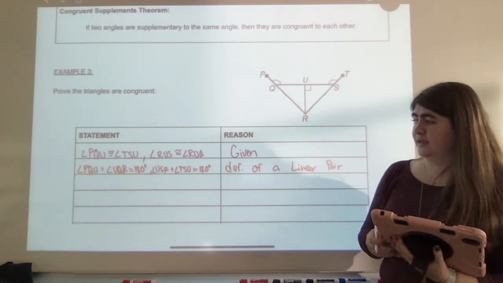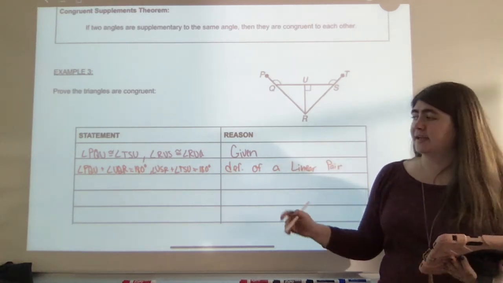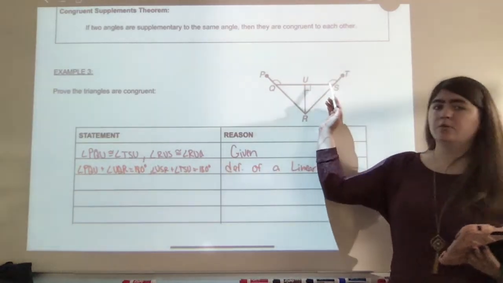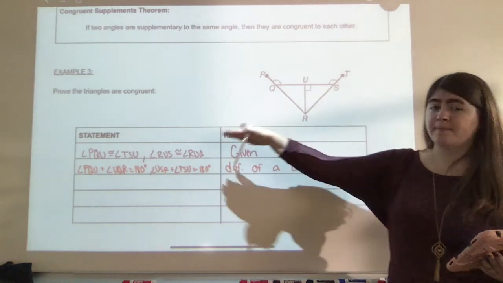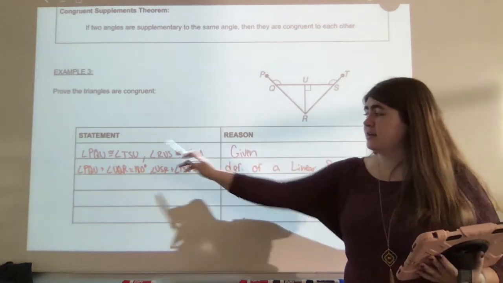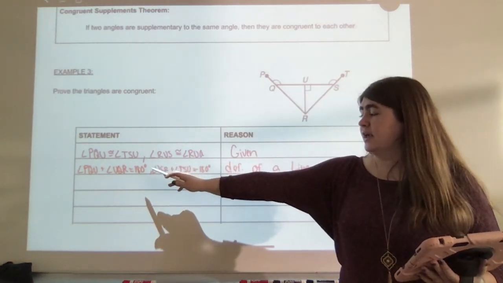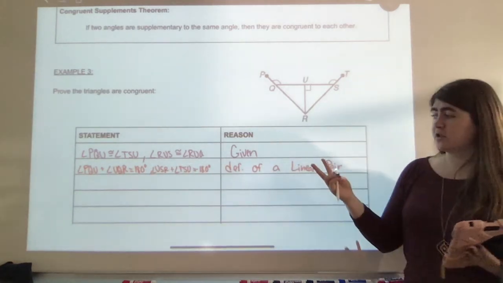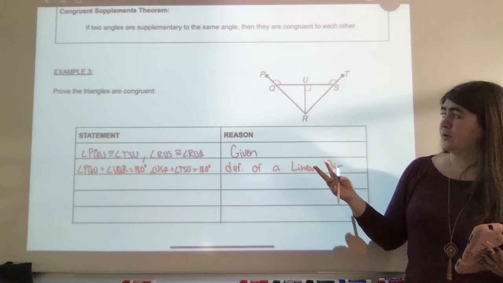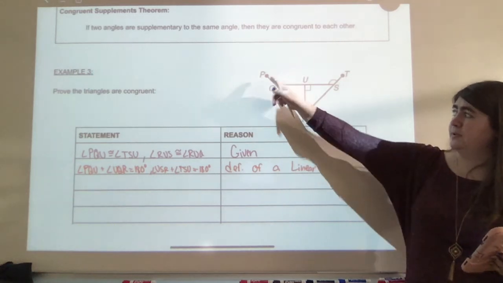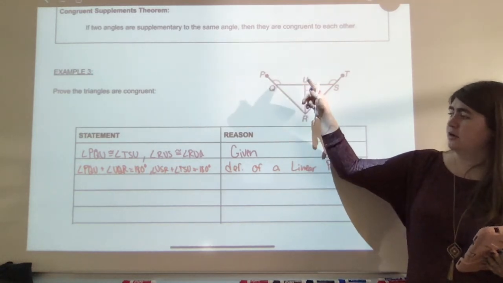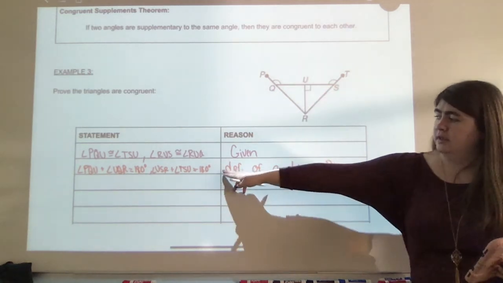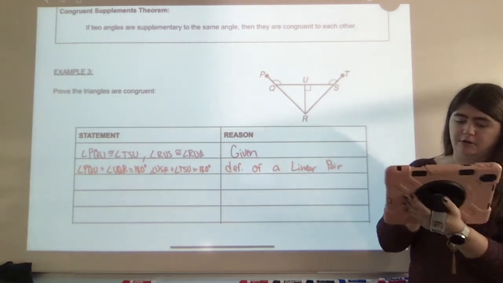Okay, next, I said that angle PQU and angle TSU are congruent from my given statement. So because these are congruent, I can take one of these and I can substitute it in. So I will then have that angle PQU plus angle USR is equal to 180 degrees.